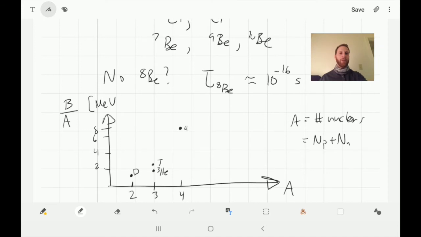That's all the way up here. Then there's nothing stable at 5, and at 6 lithium-6 is somewhat lower. Basically, if they can, these isotopes want to evolve to the highest binding energy per nucleon they can, like a system wanting to end up in its lowest energy state.